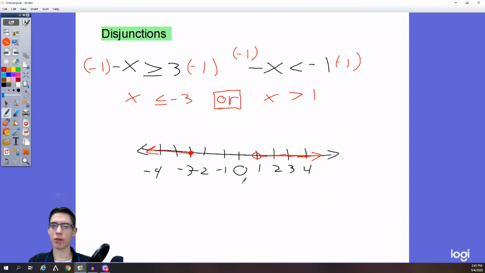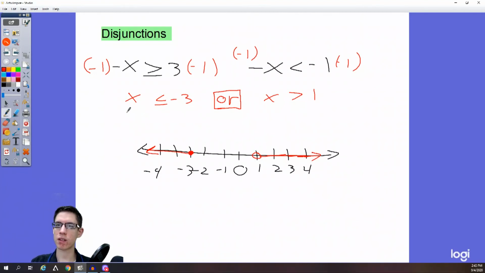I have included everything that satisfies this disjunction. Because this disjunction says, I am satisfied by everything that is smaller than negative 3, or it could be greater than 1, right?